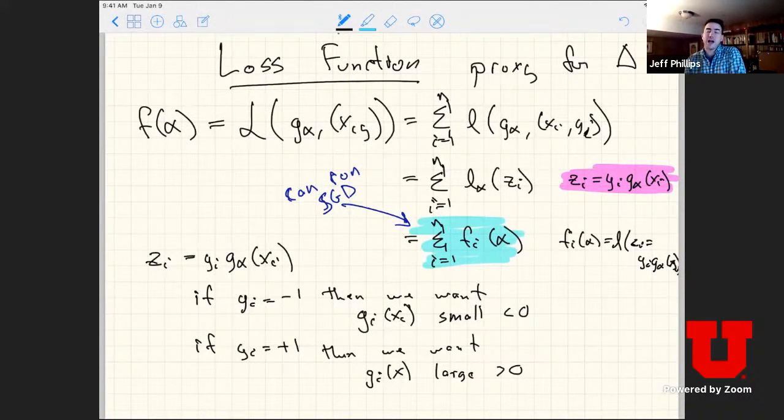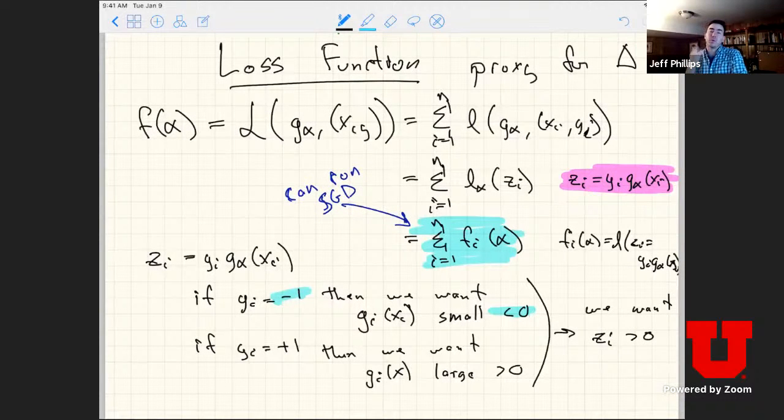We want the signs to match. If we look at this, these terms kind of cancel out. We're multiplying them by each other. So in general, we want zi to be greater than 0 in either case.